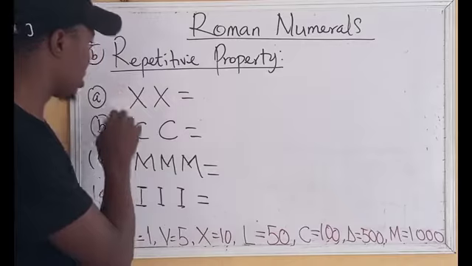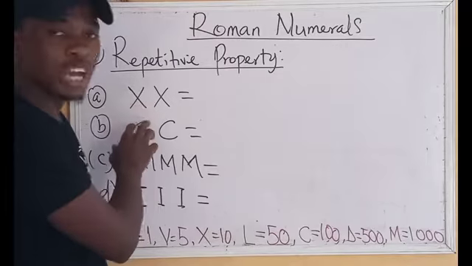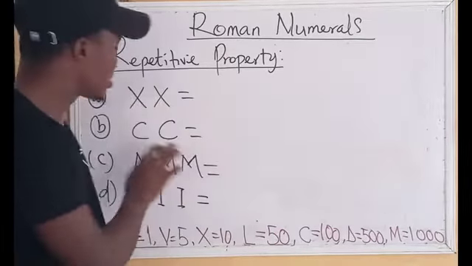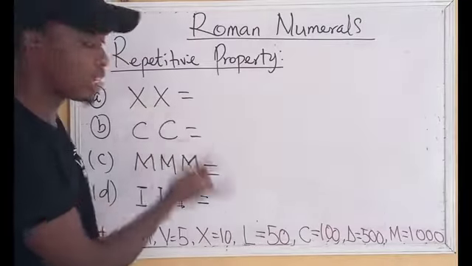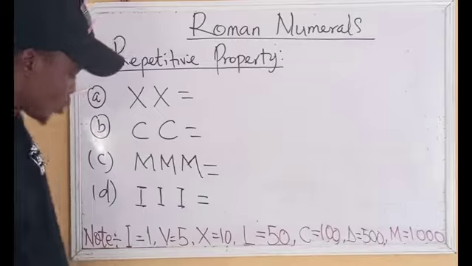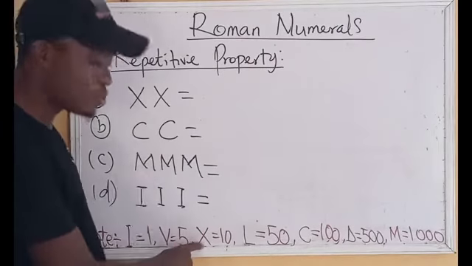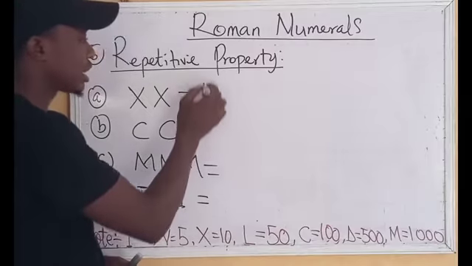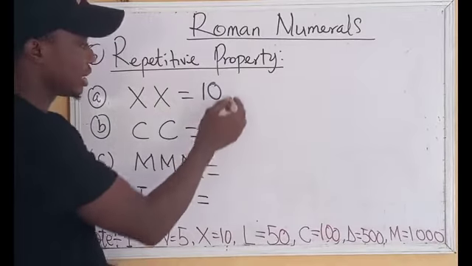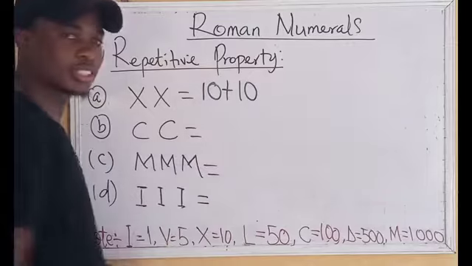From here, you can see that we have XX. It means this X is repeated 2 times. It is very simple. What is X? X equals 10. So it's like 10 plus 10.